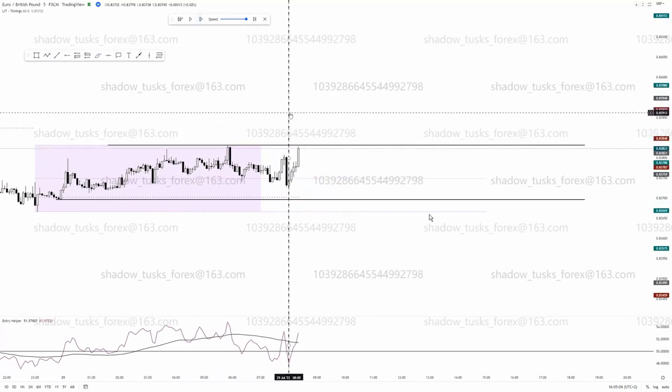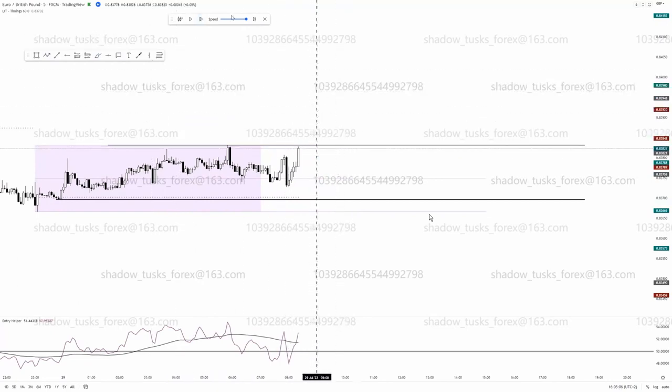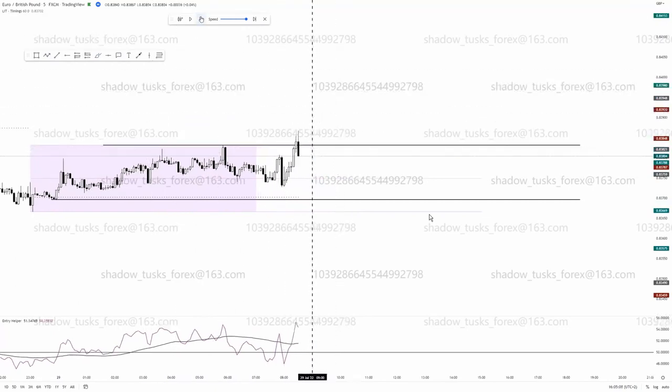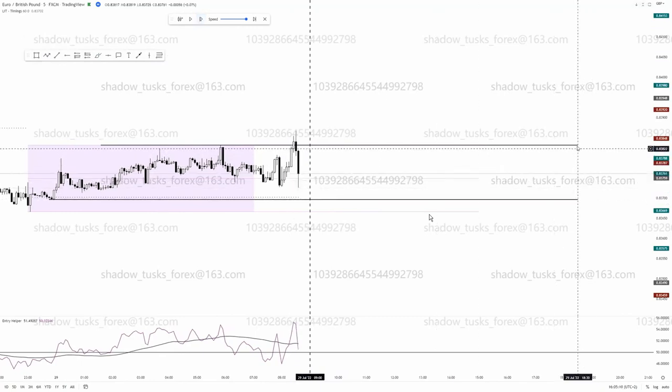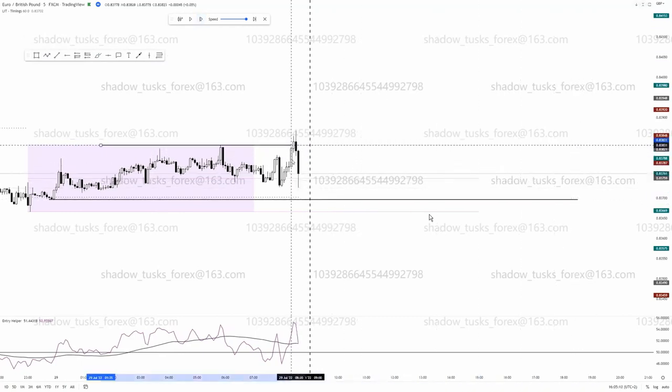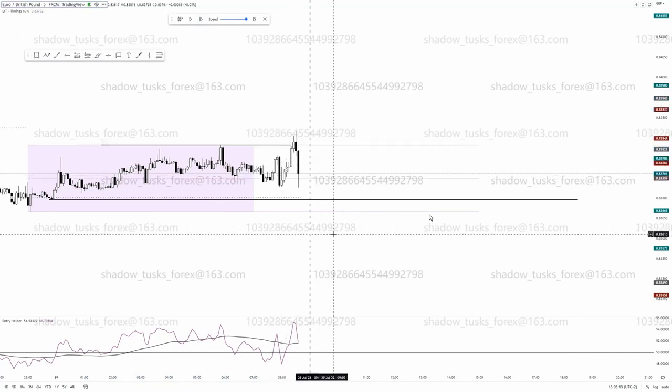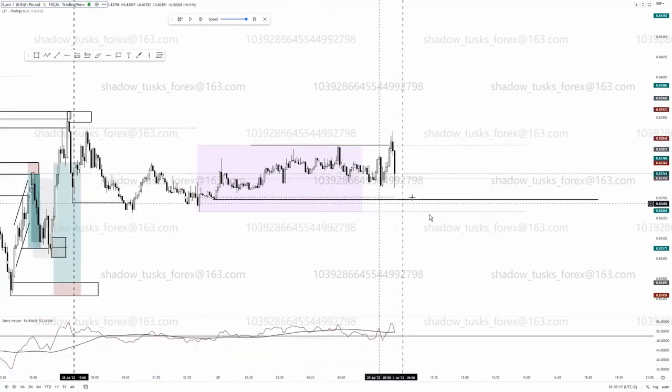Let's move this over to London Open. Okay, very, very interesting now. Where we've got all this liquidity here, we've got London Open coming up. We've had our false reaction. What do you think we could expect?